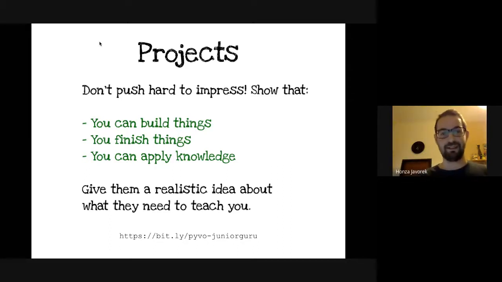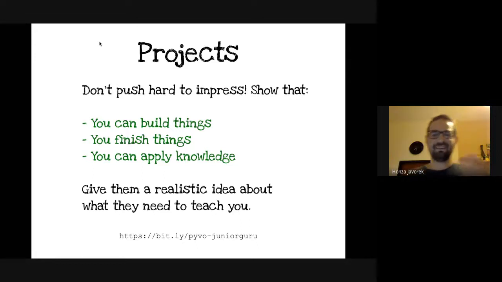You probably don't have the skill for that, and you shouldn't aim for that, and you probably won't impress anyone. The aim of your project should be to show you can build things, you can finish things, you can apply your knowledge. They don't have to be perfect. They can be full of bugs.